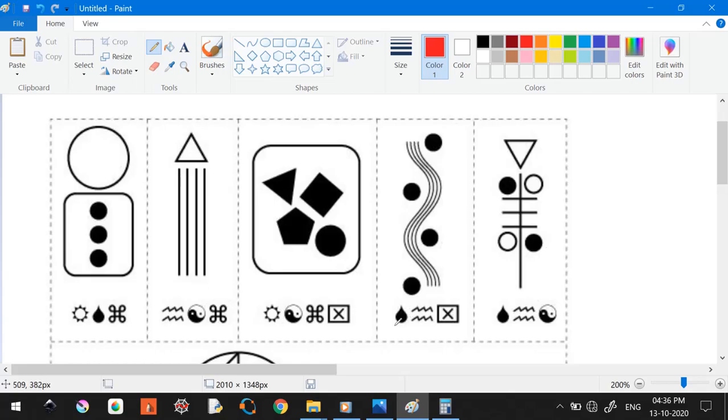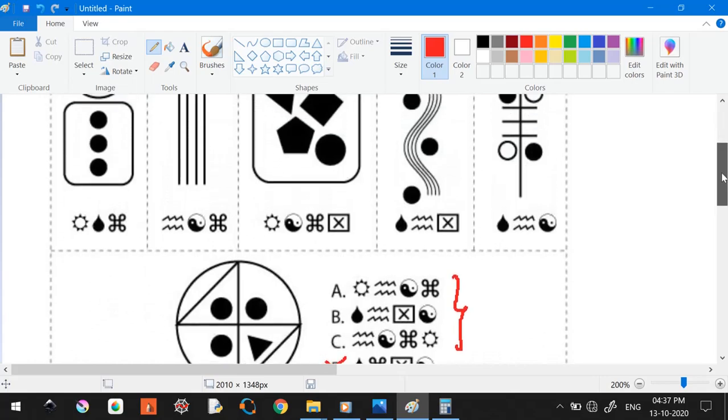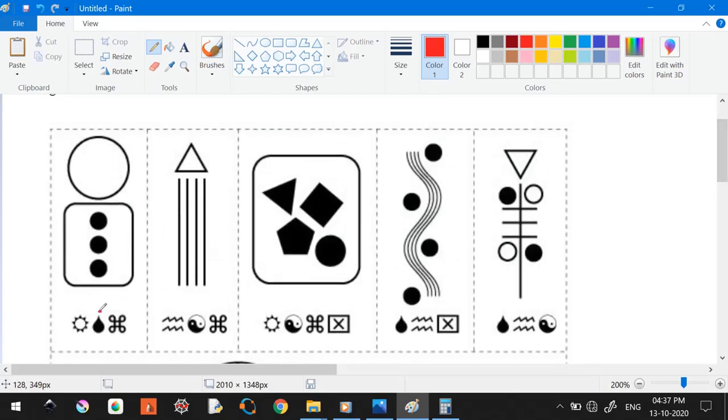Drop is there, drop is there, drop is here. Yes, I think I got this. If I see the drop here, the filled drop, wherever the drops are present in the given patterns, these three, what is the common thing that we observe in all these three? That is what I am trying to understand.